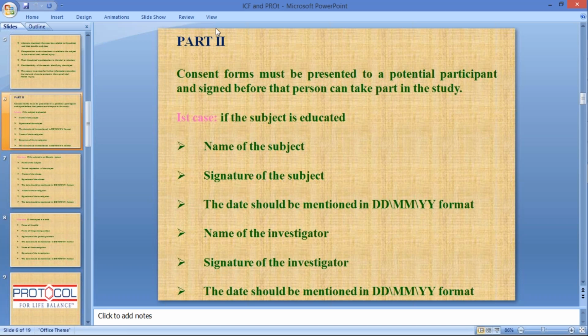If the subject is educated: name of the subject, signature of the subject, date. Here the date is given as DDMMYY, but it's not like that. Any defined format you can mention for the date. The subject's signature is important along with the date, and the investigator's signature is also important along with the date.